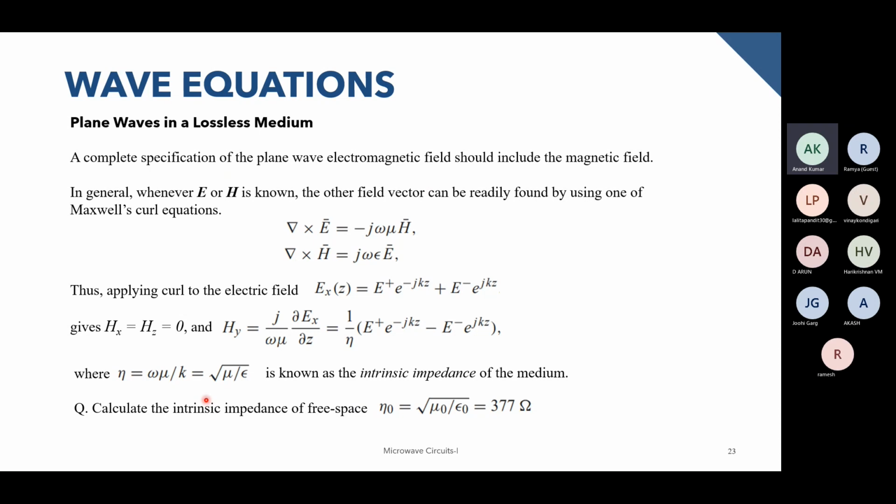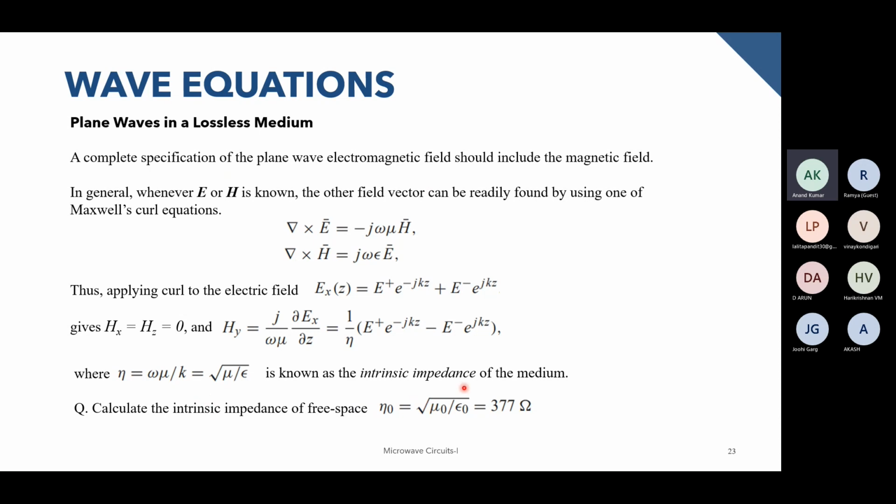And then we defined what we know as the intrinsic impedance of the medium, which is a property inherent to that particular medium, and it is related to mu and epsilon in this fashion, root of mu by epsilon. We did a quick numerical to calculate the intrinsic impedance of free space, which turned out to be 377 or 120 pi ohms. Remember this number, it comes in handy quite often while doing numericals.